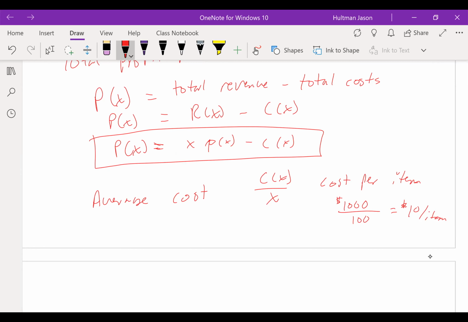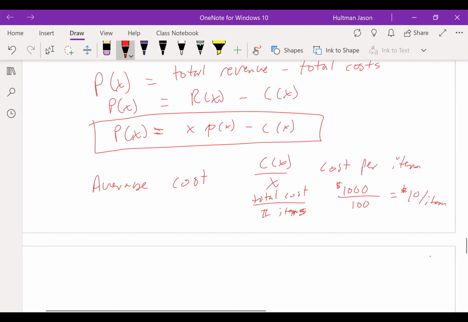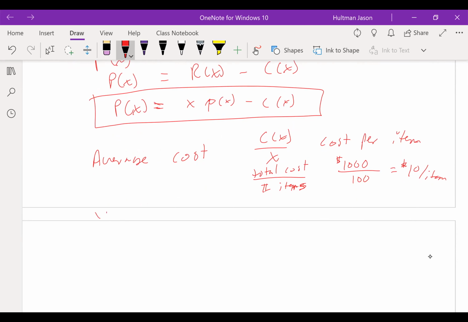Does that make sense? The same with average revenue, which is the revenue over X, and the same with average profit, which is the profit over X.